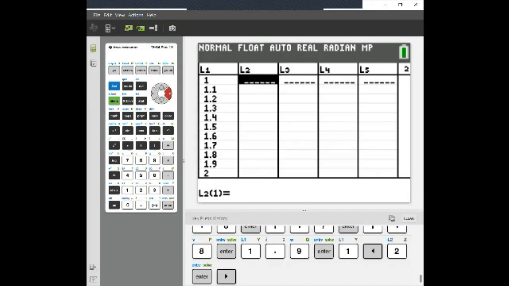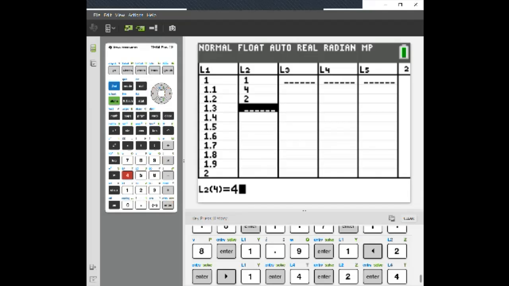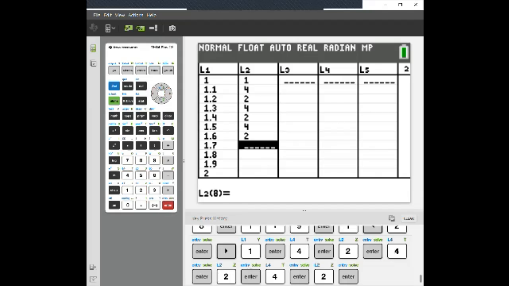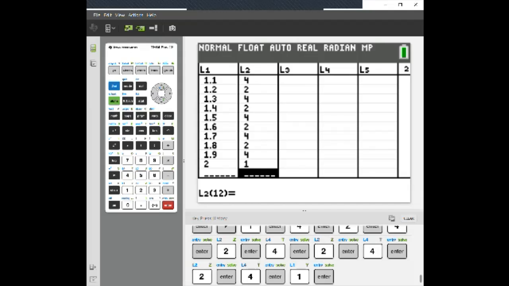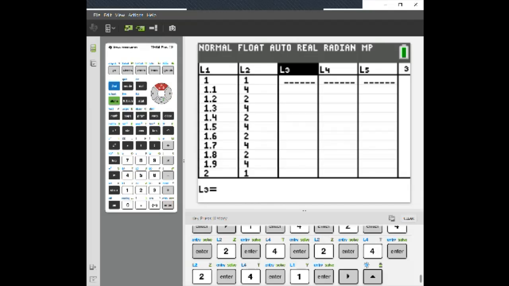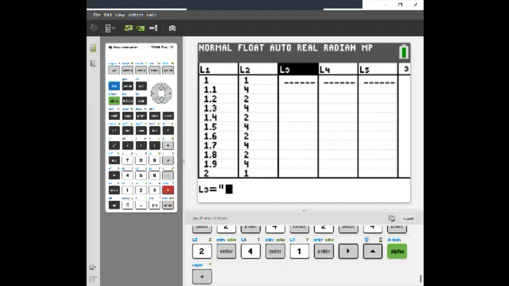If I was doing trapezoidal, I would do 1 and then a bunch of 2s and end with a 1. With Simpson's, 4, 2, 4, 2, 4, 2. So you can easily manipulate L2 to fit either Simpson's or trapezoidal, as long as you have the same number of subintervals, which on your homework you will.